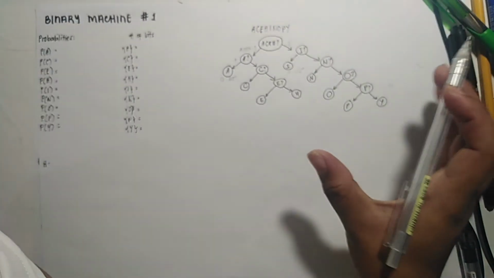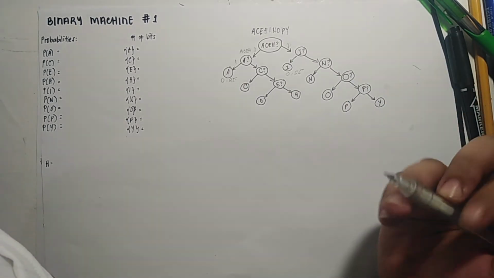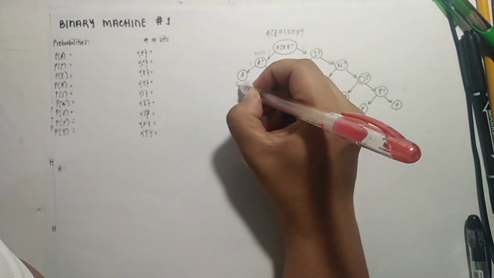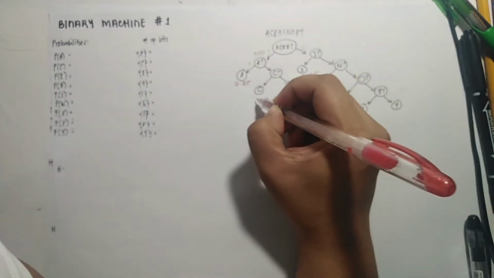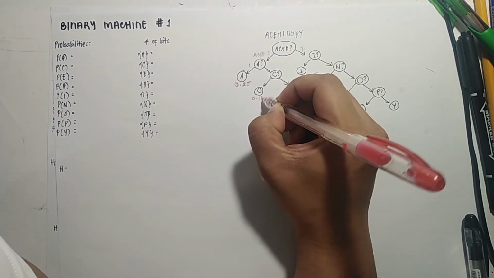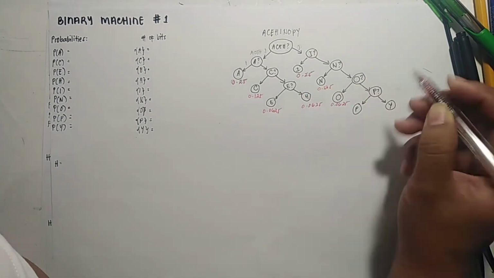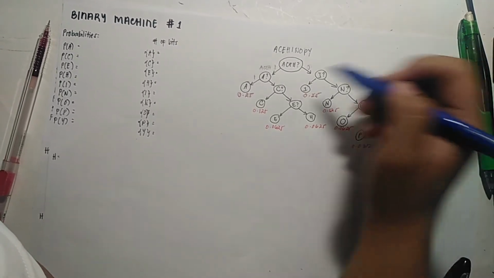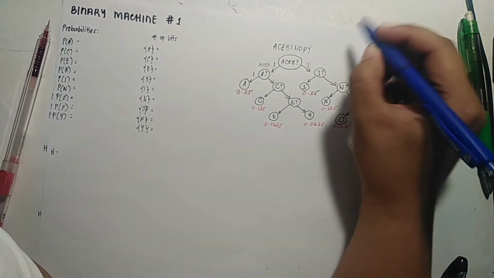The rest of the levels will be divided by 2 to get their probabilities. So 0.25, 0.25, and I'll do the rest for each level. And I will do the bit pattern.